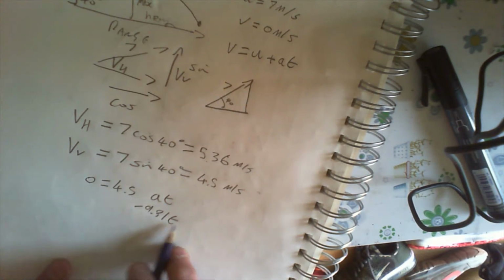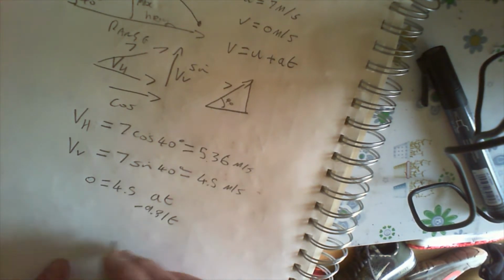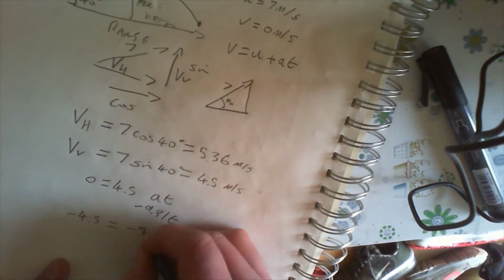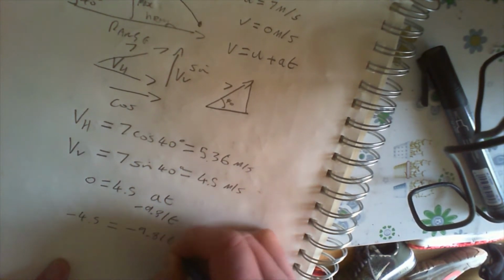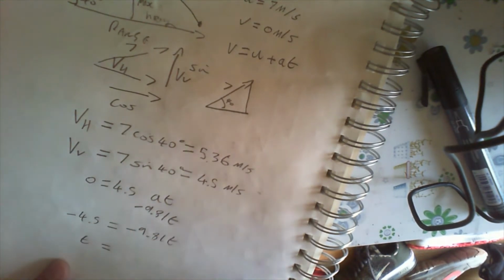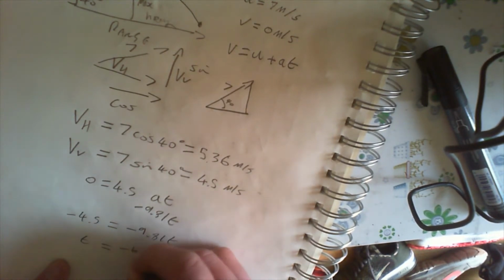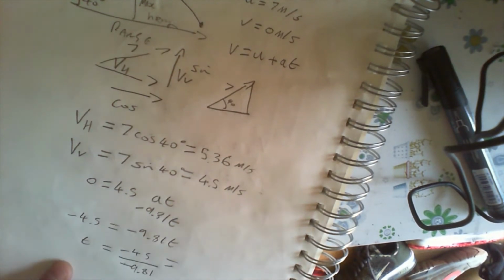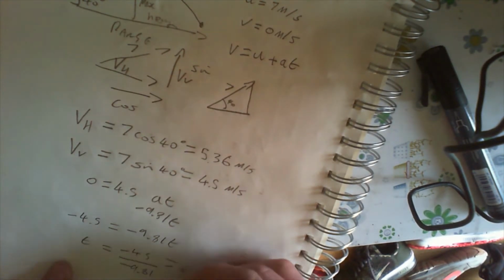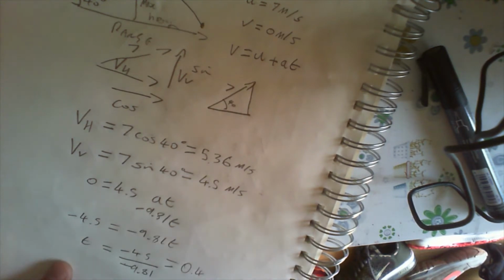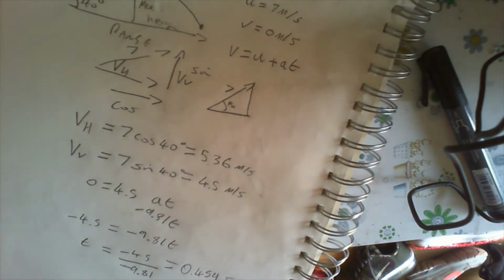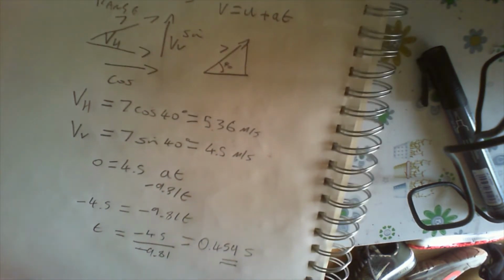So we rearrange that and it's minus 4.5 equals minus 9.81 t. So t equals minus 4.5 divided by minus 9.81, which equals 0.459 seconds. You see that there?